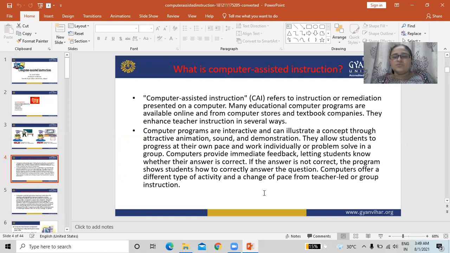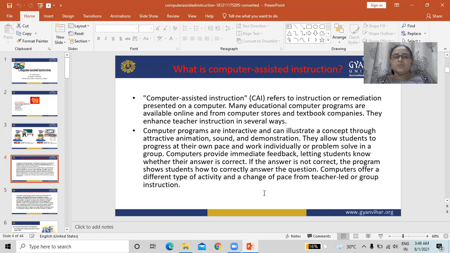They allow students to progress at their own pace and work individually or problem solve in a group.